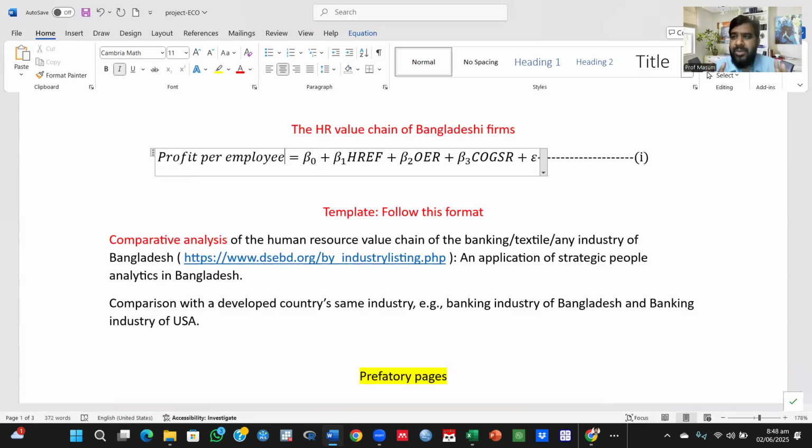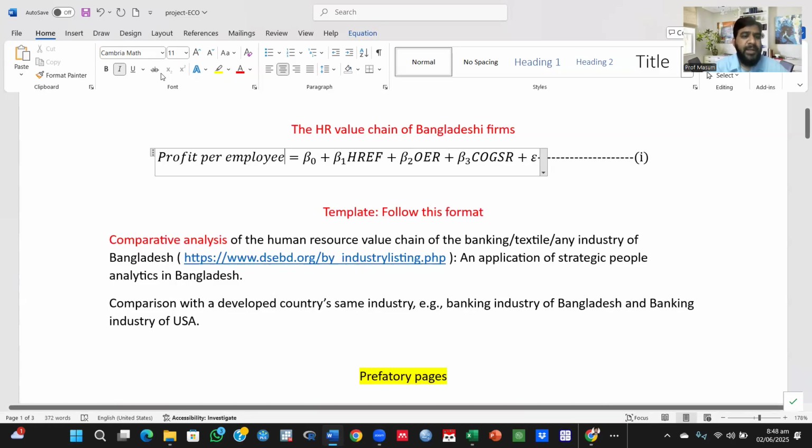So I am not giving you the exact variable you're going to use. What I am giving you is an idea that you can use this variable. Profit per employee, say for example, and profit per employee is dependent on HR expense factor.